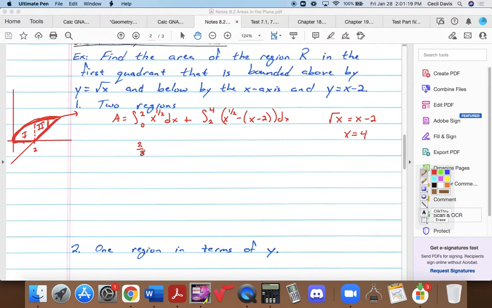So here I've got 2/3 x to the 3/2 from 0 to 2 plus 2/3 x to the 3/2 minus 1/2 x squared plus 2x from 2 to 4.